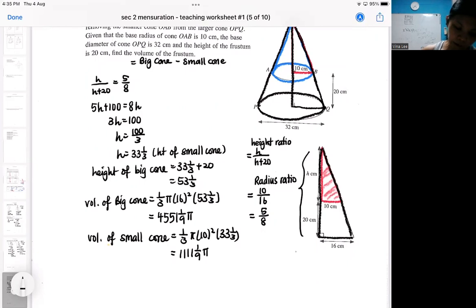Then I will just calculate the volume of the frustum, which is the big volume subtracting the small volume.